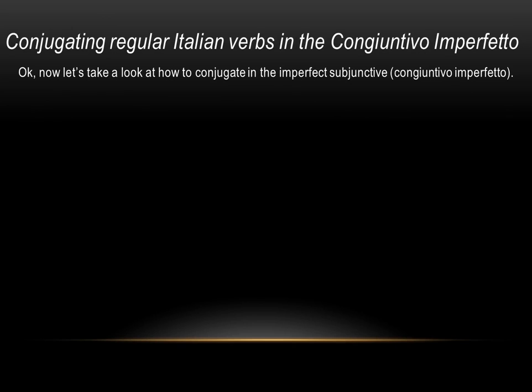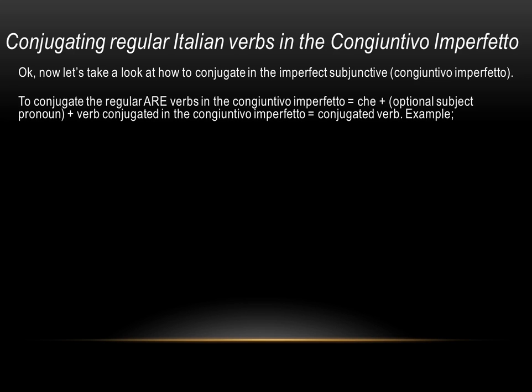Okay, now let's take a look at how to actually conjugate in the imperfect subjunctive, congiuntivo imperfetto. To conjugate regular -are verbs in the congiuntivo imperfetto, it equals che plus the optional subject pronoun, meaning io, tu, lui, lei, etc., plus the verb conjugated in the congiuntivo imperfetto equals the conjugated verb.